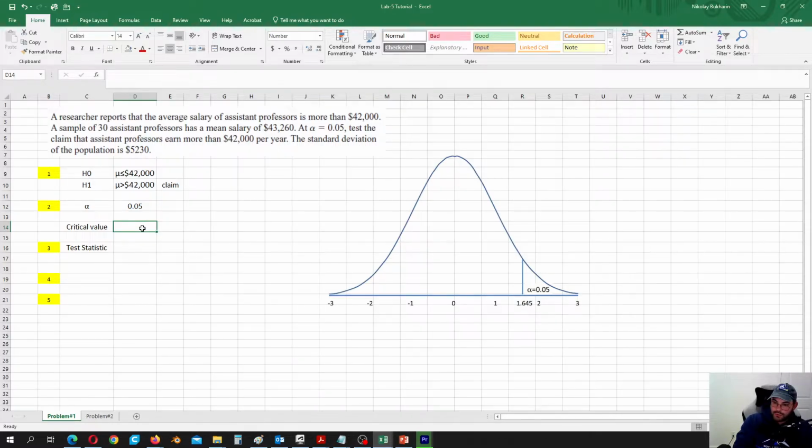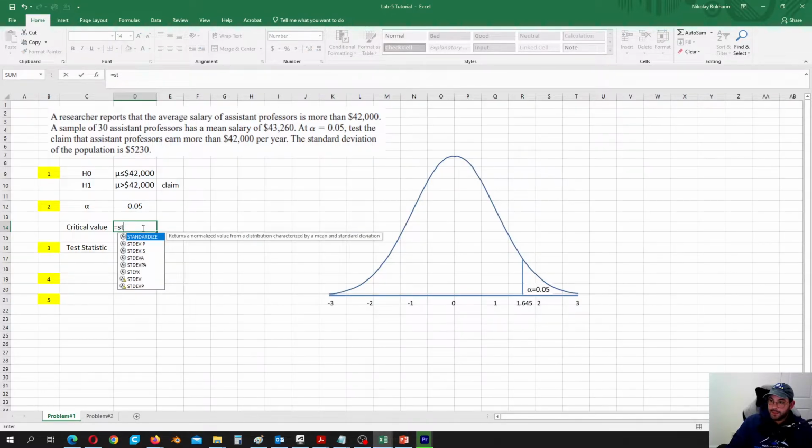But what you need to do is calculate it using Excel, using the standard normal distribution inverse function, and we cut 0.05 on the right. That means we are cutting 95% of the area on the left, 0.95. Remember, all those functions calculate the area from the left of the value.